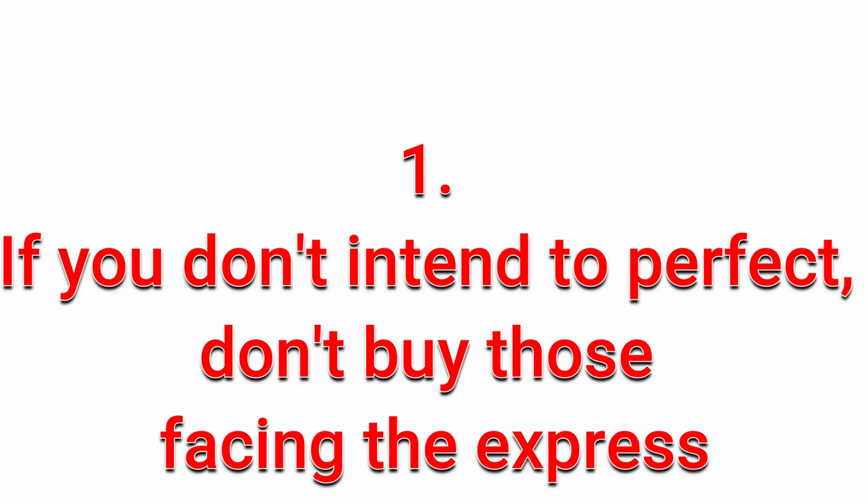Now, the first thing I would advise is, if you don't plan to perfect, so that means you don't plan to do CFO, you don't plan to regularize, you don't plan to ratify that land, I would suggest that you don't buy the land facing the express or facing the major roads, because those lands are always going to attract more government interest.